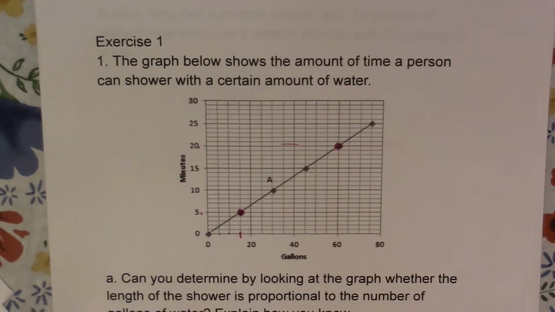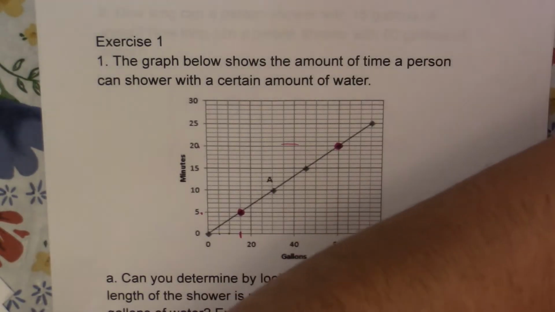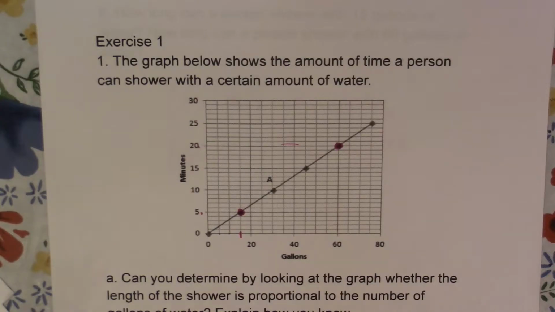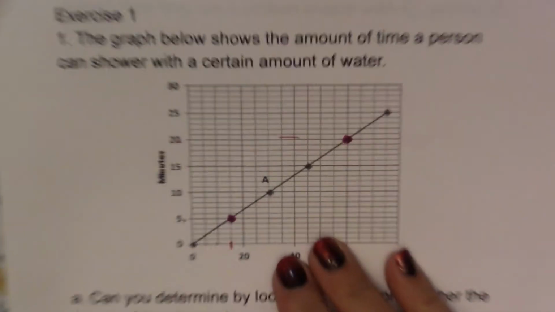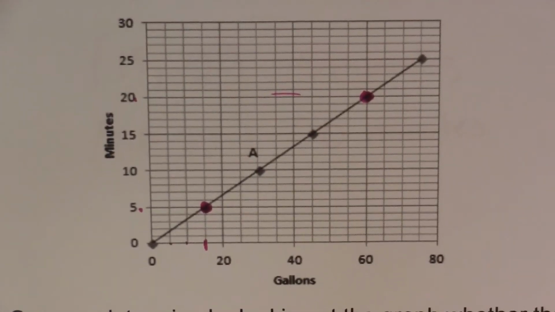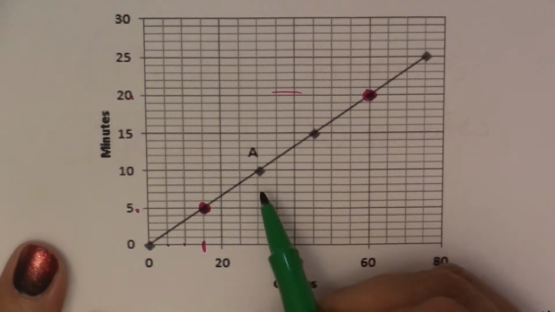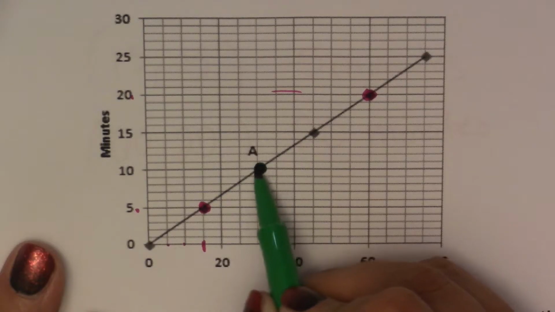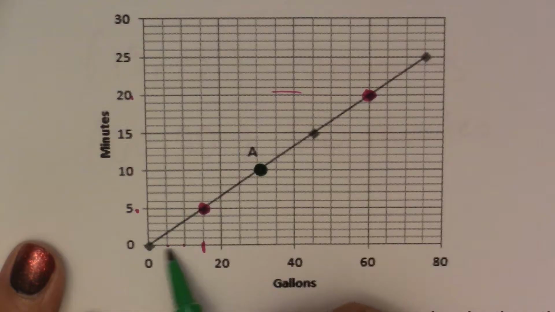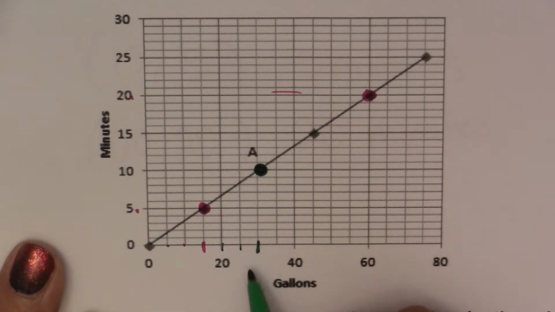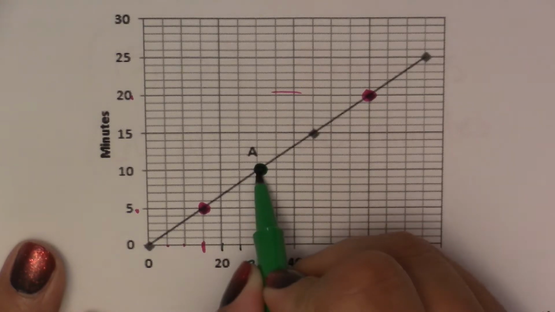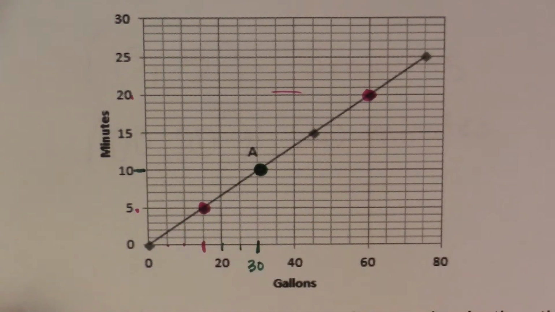So if we go back to our graph, I'm going to zoom in here so we can see point A a little better. All right, so point A is right here. It's this green dot. So here's 20, 25, 30, and then up to 10. So our coordinates would be 30, 10.